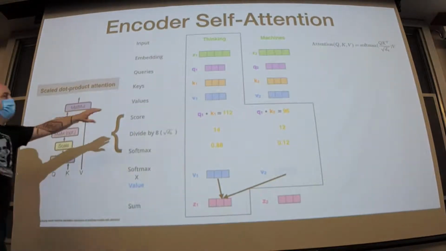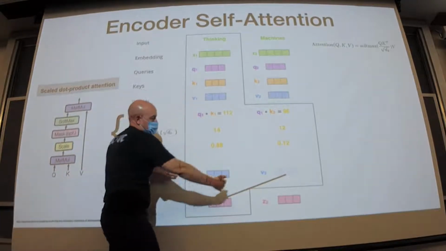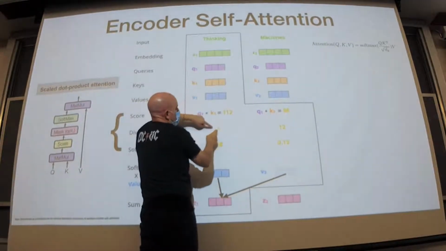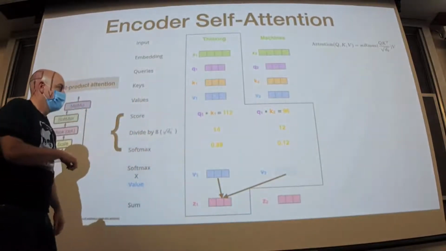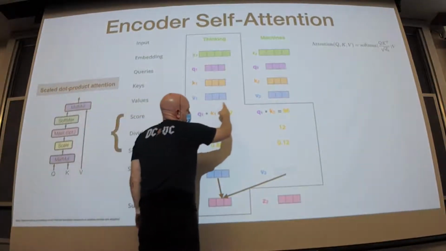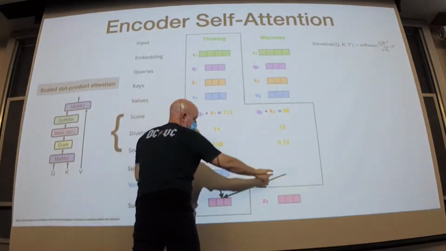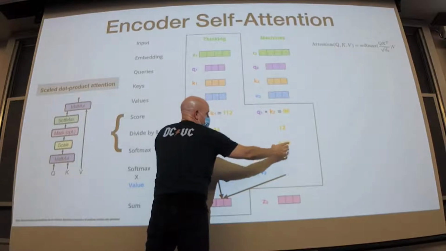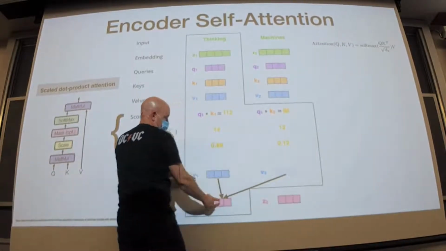We didn't have a separate learned value that we combined together. We just would have computed these coefficients and then applied them to these keys. But here we've allowed ourselves to learn another set of values. Again, just another set of vectors. We combine them with the coefficients that we've got out of using the queries and key vectors.